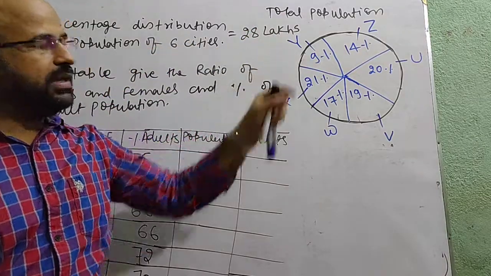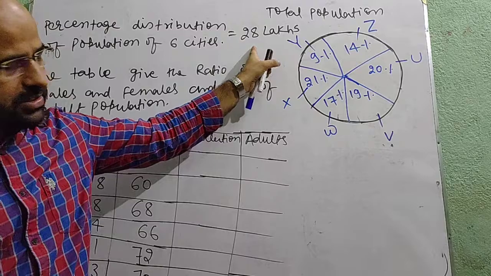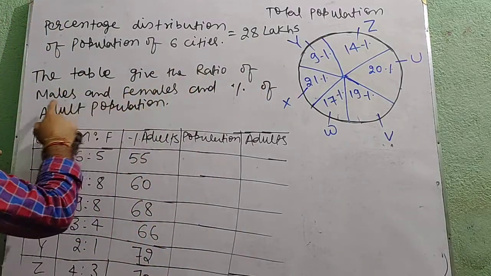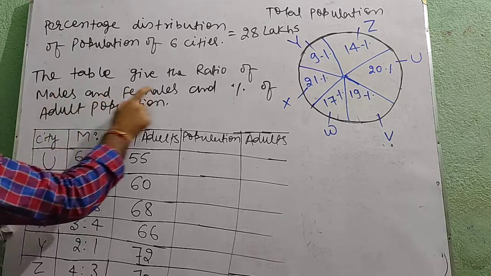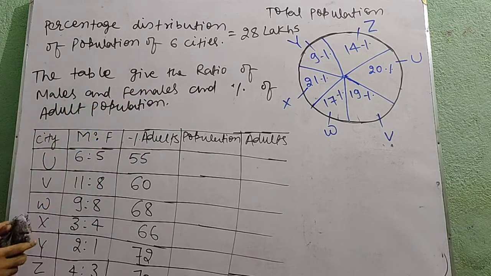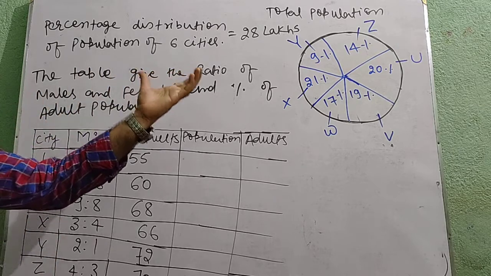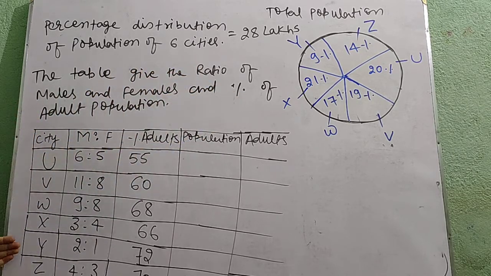The total population of all 6 cities is 28 lakhs. The table gives the ratio of males and females and the percentage of adult population.